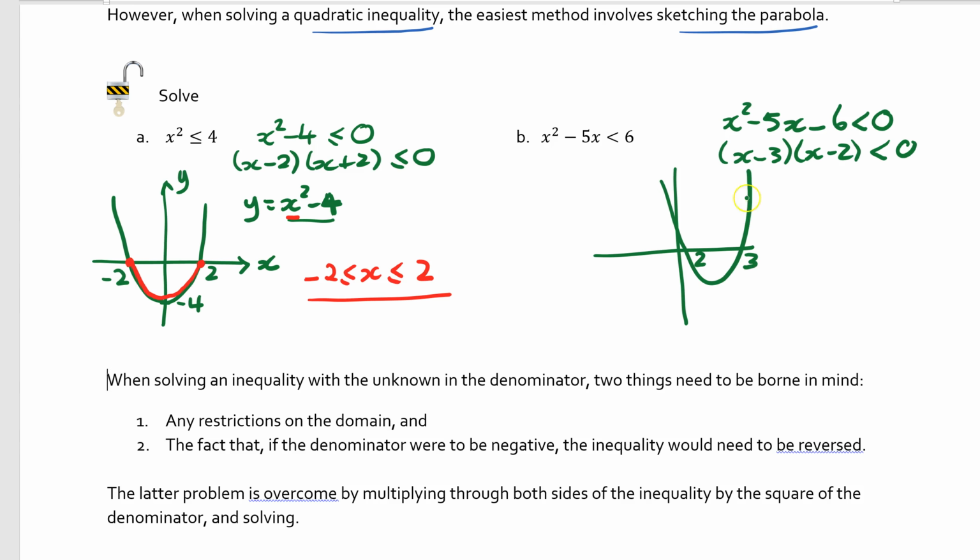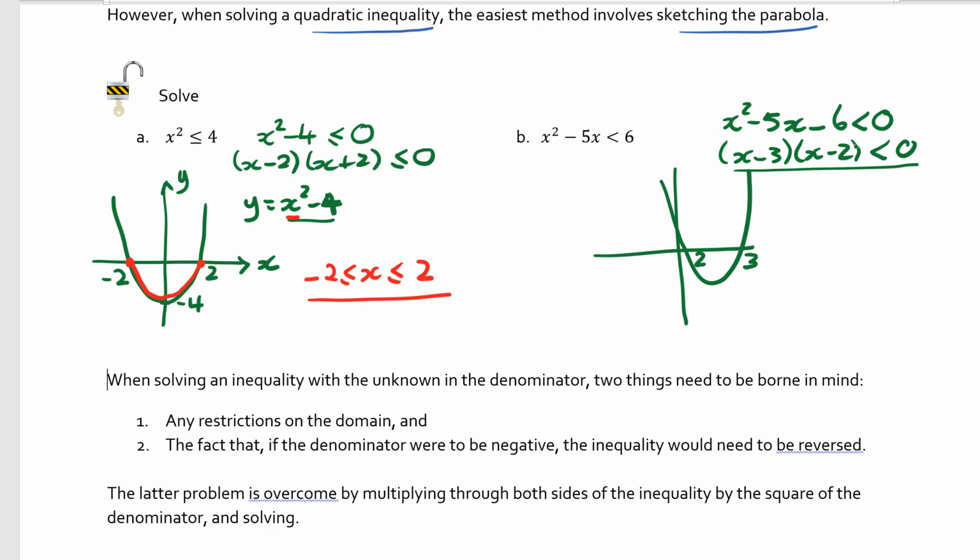Now we're not really doing a sketch of the parabola for the sake of a sketch of the parabola. So we don't care about the y-intercept. We just want to know where we cut the axis and the concavity, so that we can then focus our attention on this inequality. So where is this thing, x minus 3 times x minus 2, less than 0? Well, the same as the one that we just did.